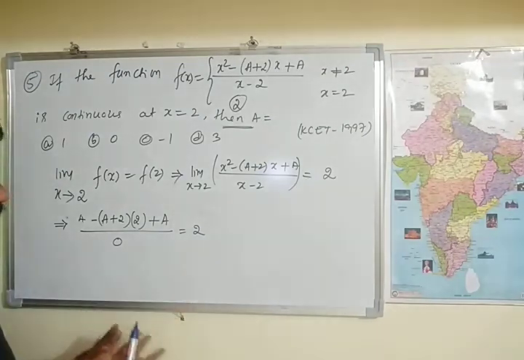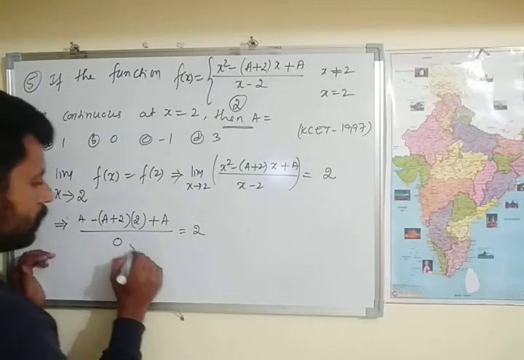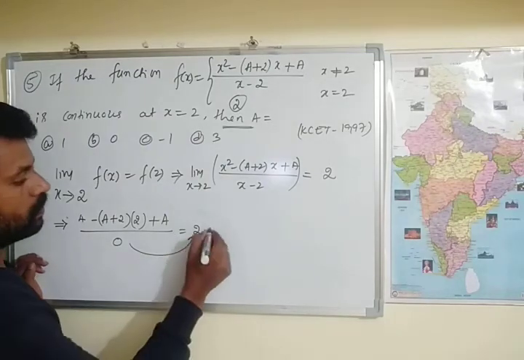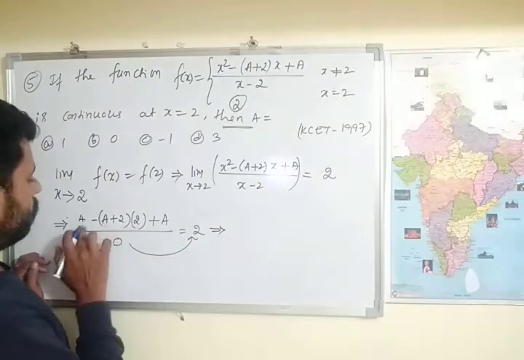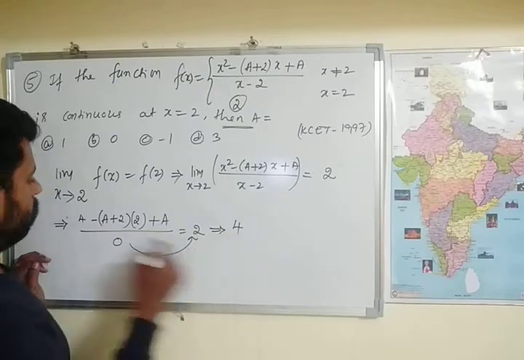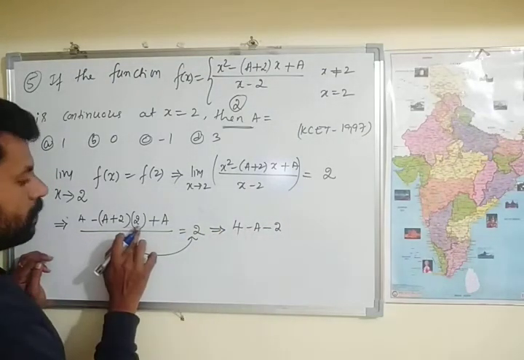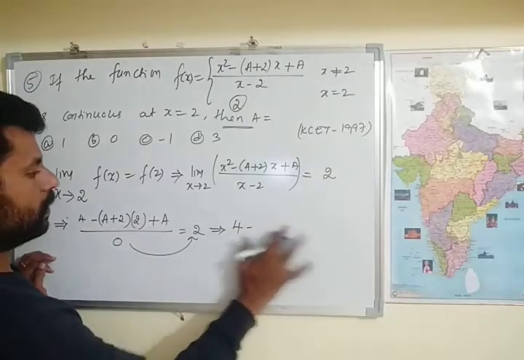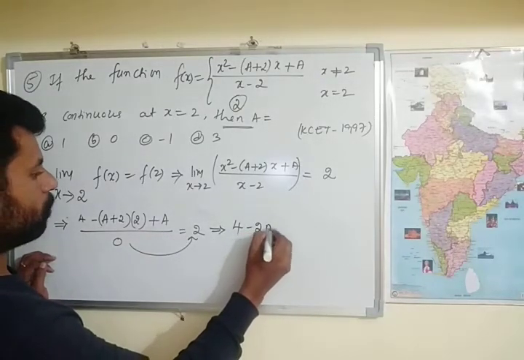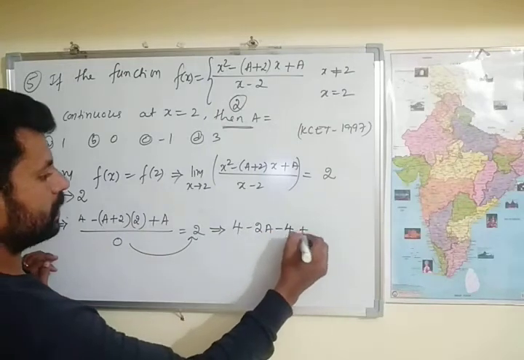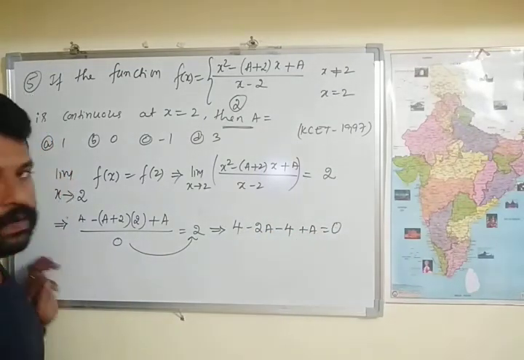I consider directly this result is 0. I take cross multiplication of this term: 0 into 2 is 0. Simplify the result: 4 minus a minus 2, otherwise multiplied by 2 into this term. Directly here we get minus 2a minus 4 plus a is equal to 0.